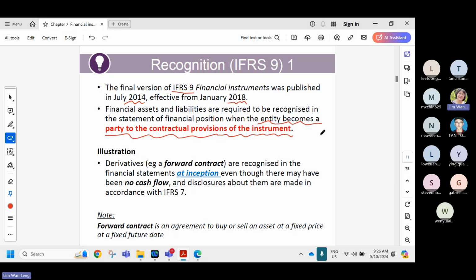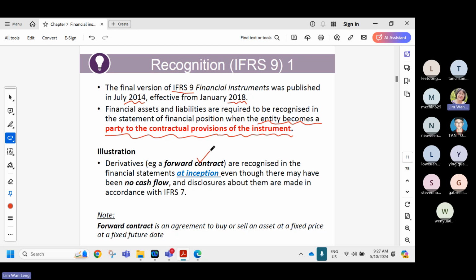Which means what? Today, when you sign the agreement to enter into, for example, a forward contract, you are already a party to the contractual provisions of the forward contract. So in other words, when you prepare your financial statements, you have to record it already.